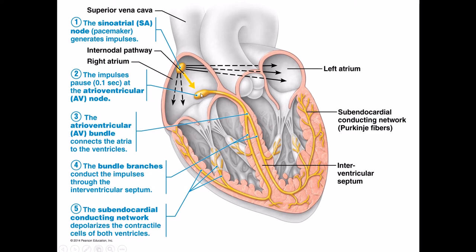From the AV node, the signal travels into the AV bundle, which is where it finally comes into the ventricles. Once it's in the interventricular septum between the two ventricles, it splits into the bundle branches and then goes up the Purkinje fibers, or the subendocardial network, and that's what ultimately leads to the depolarization and thus the contraction of the ventricles.